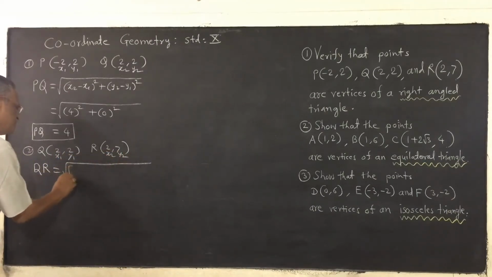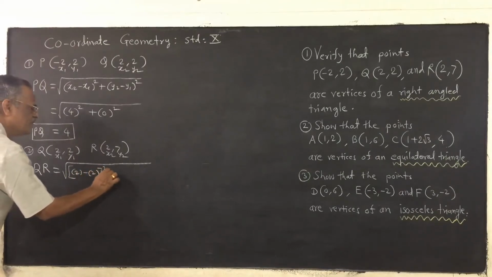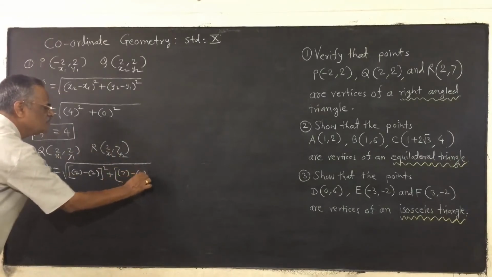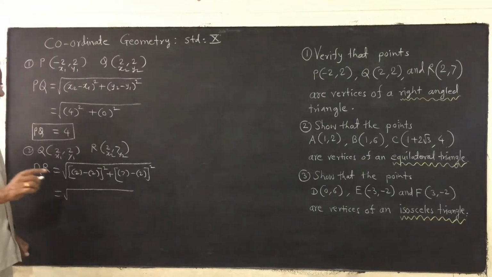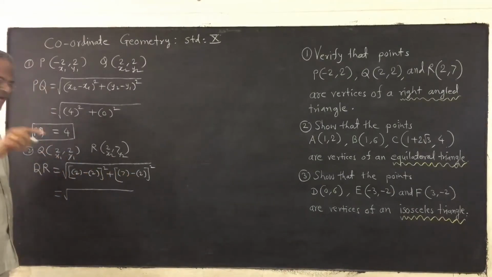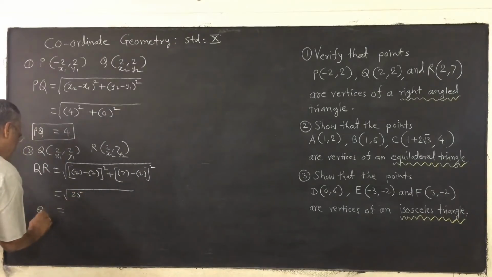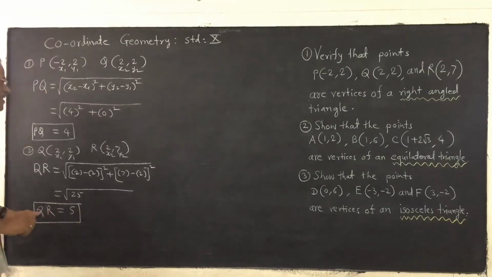So by using (2 minus 2) whole square plus (7 minus 2) whole square, we can see that 2 minus 2 is 0 and 0 square is 0, and 7 minus 2 is 5 and 5 square is 25. We know the square root, so QR is equal to 5. This is your QR segment.